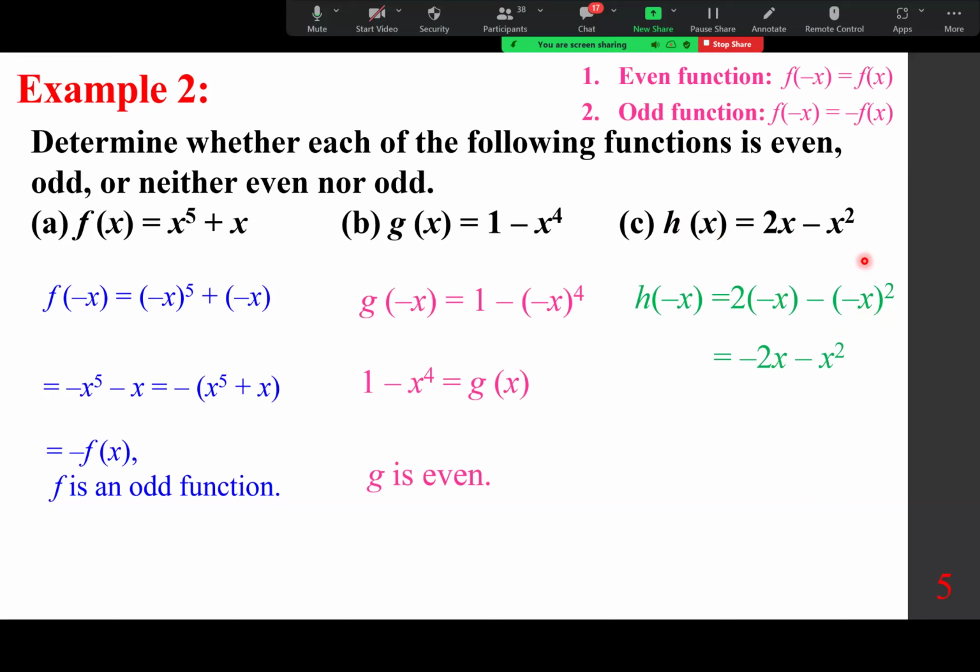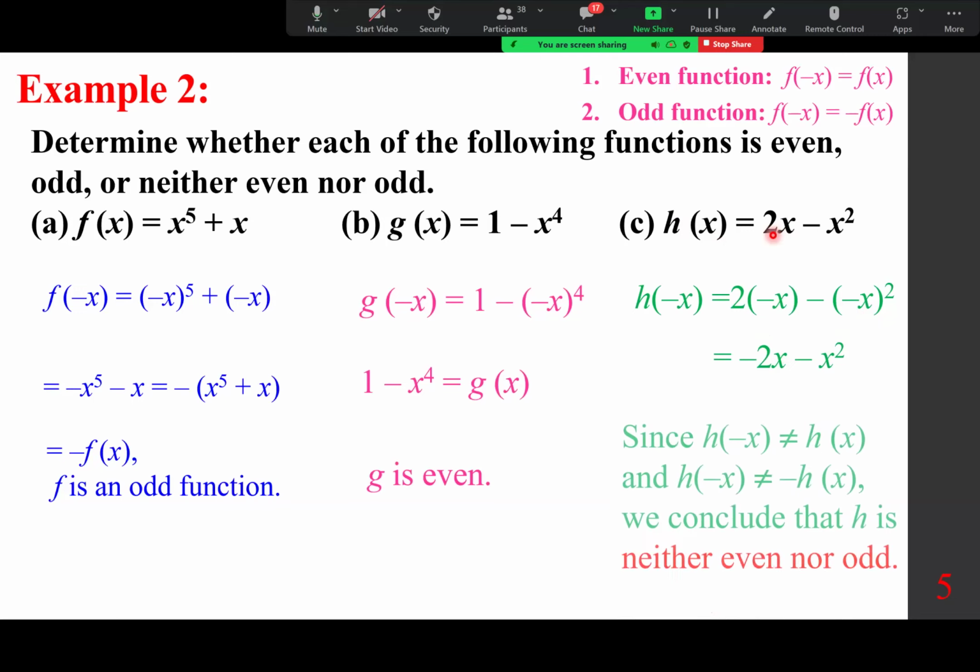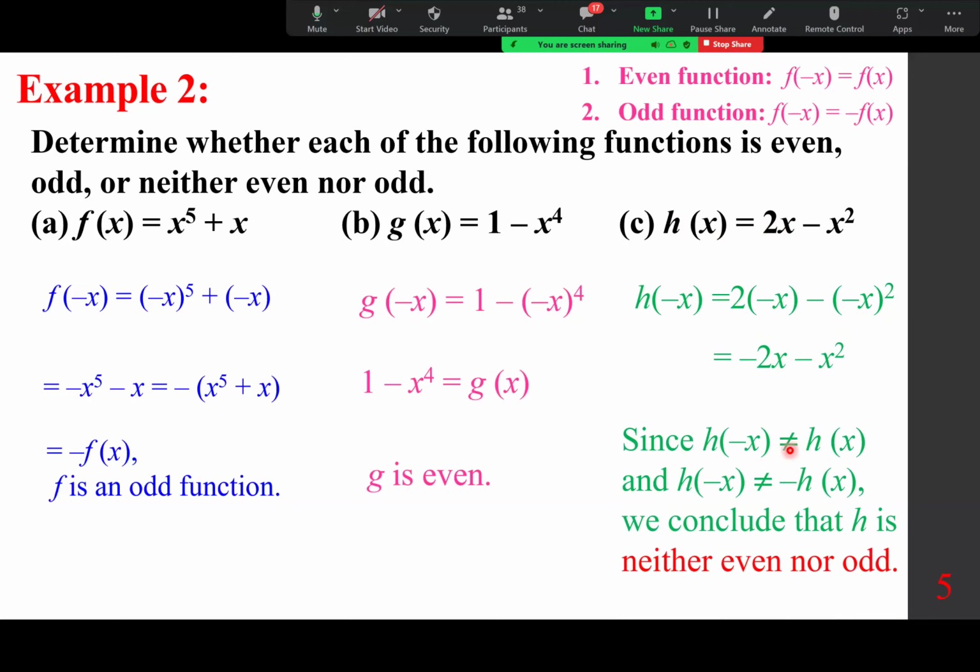No. So it's not an even function. Is this the same as the opposite of that? No. It's not an odd function either. Since h of minus x is not equal to h of x and h of minus x is not equal to minus h of x, we conclude that h is neither even nor odd. So pretty straightforward, everybody.